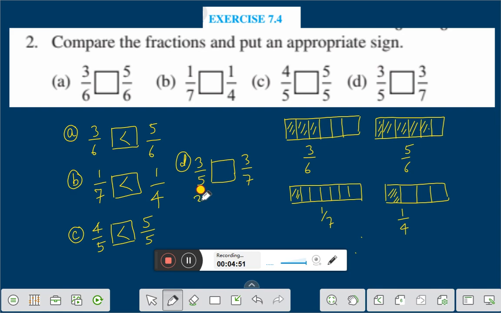That is, if we make 3 by 5, we have to multiply 5 by 7 and 3 is also multiplied by 7.